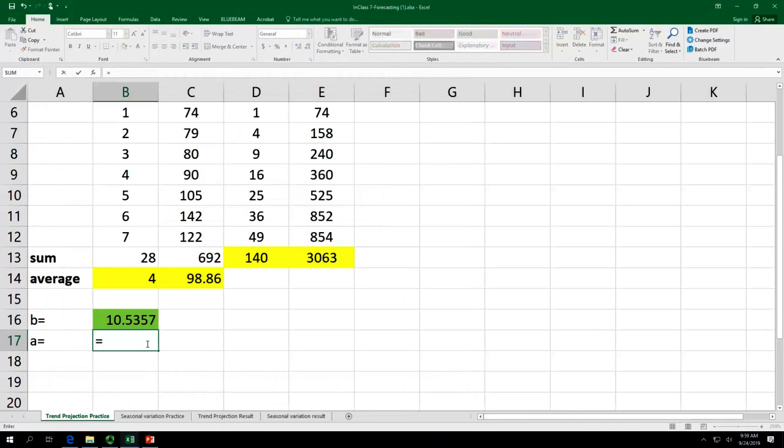So equals y bar. This is y bar, subtract B times, and this is B7. Here is y bar, subtract B times x bar.